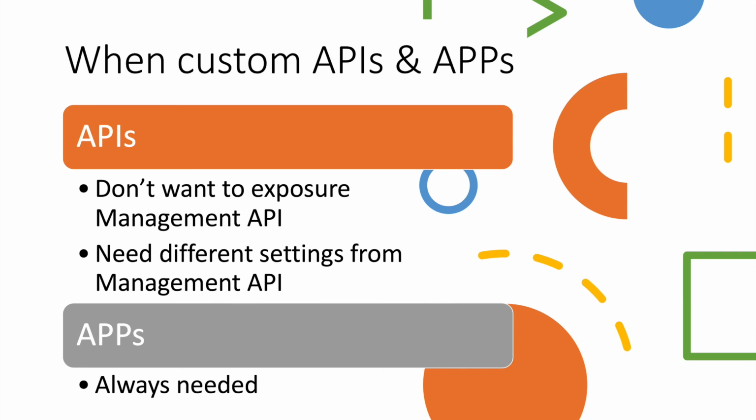The second reason is when you need different settings from the management API, because the management API can't be changed or deleted. So if you want another setting, for example, a longer expiration time for your access token, you have to customize an API. For apps, you will always need to customize an app if you want to use a specific authorization flow.